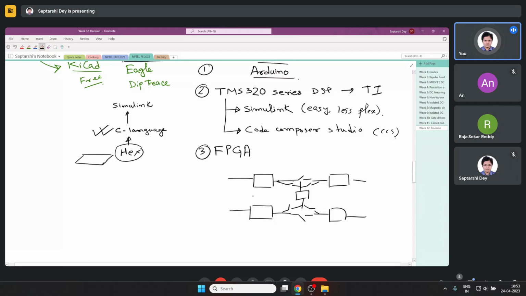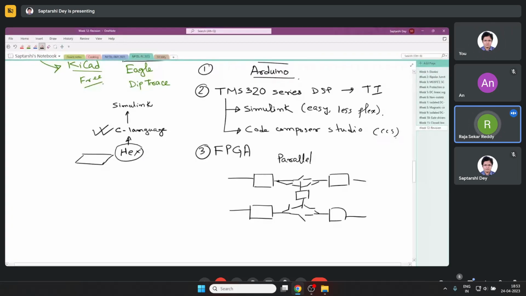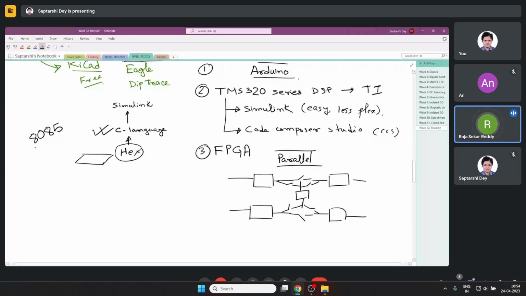What happens is, since you have so many gates, this whole thing operates in parallel. It is hardware. When you are writing code to program a TMS320, or if I think you have already studied these controllers, the 8085, right? Yes, sir. That microprocessor we have studied.